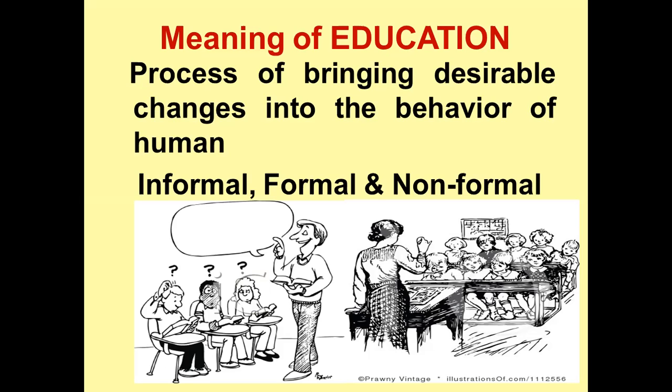For example, if we go to any village and we find that there are some people who want to learn about dairy development, improved dairy practices, animal husbandry practices, such that they can improve the health of their livestock and improve their production level. So they are interested in this kind of content.